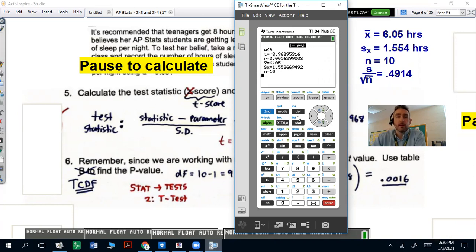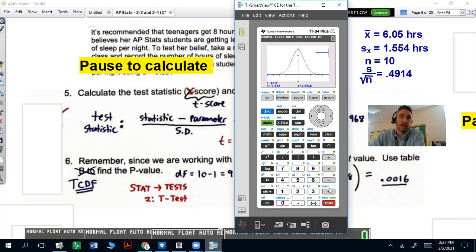So if you wanted to do a drawing, under any of the tests, there is an option next to calculate, you can go down and click draw instead. So if I highlight draw, it'll graph what looks like a normal curve.